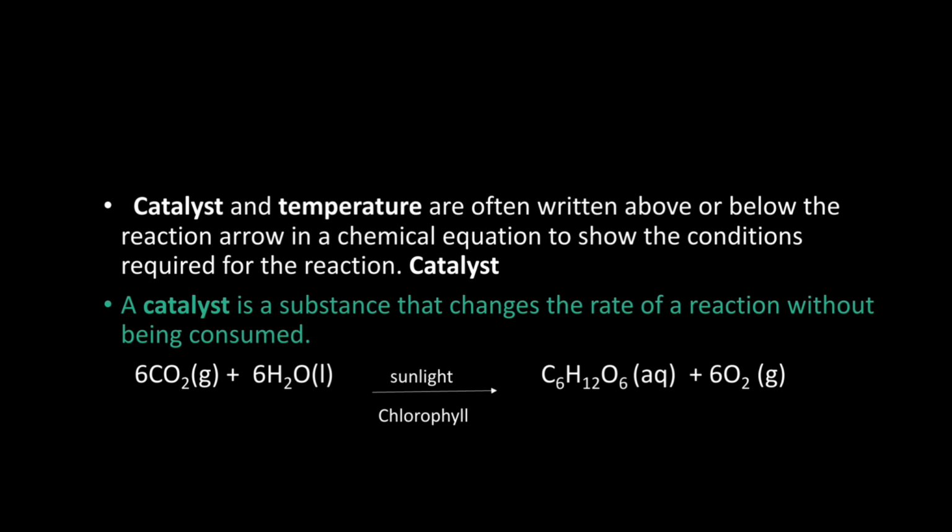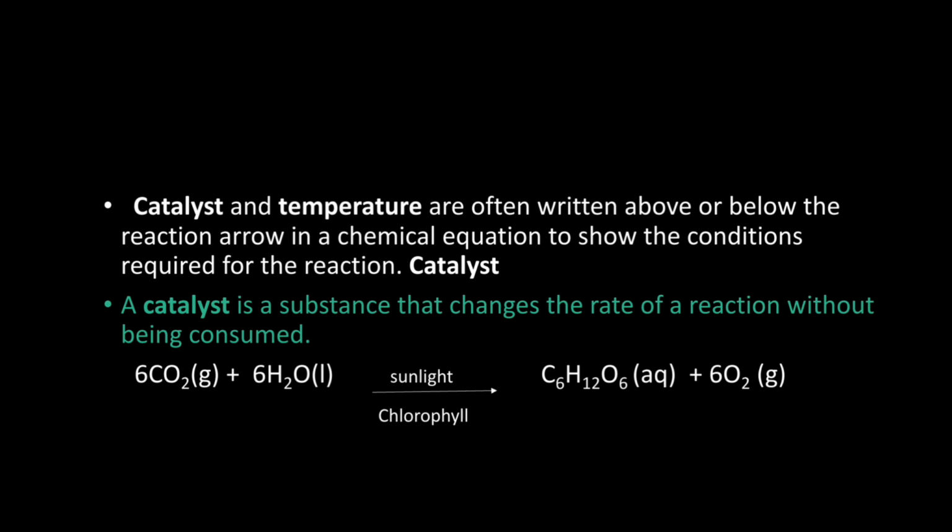So here there is an example of the photosynthesis reaction. 6 CO2 plus 6 water molecules you are getting glucose plus oxygen is released, right? Photosynthesis. But it is going to take place only when there is chlorophyll and sunlight. You all know this, right? Photosynthesis occurs in green plants because in green plants there is the presence of chlorophyll.